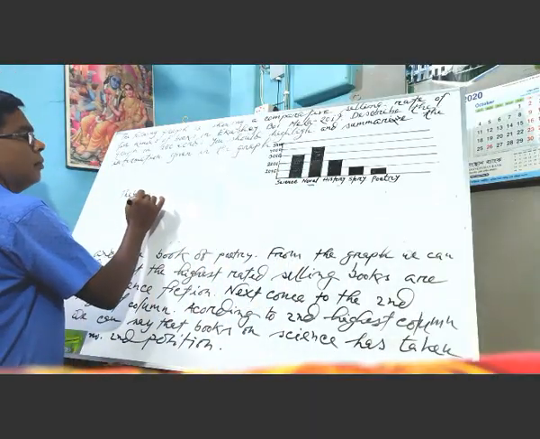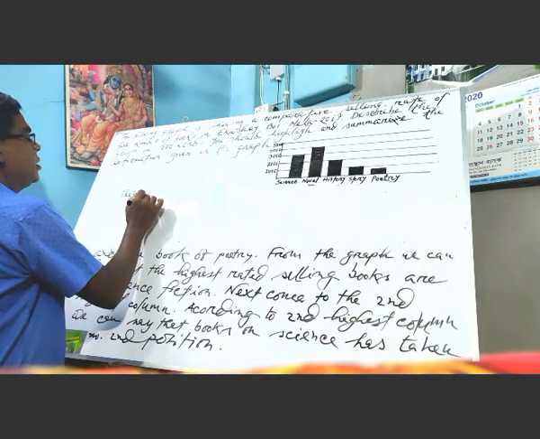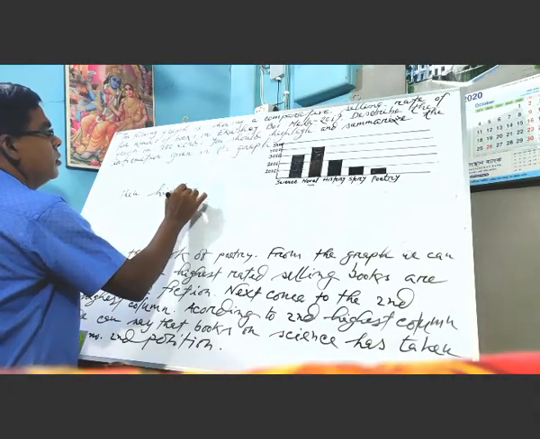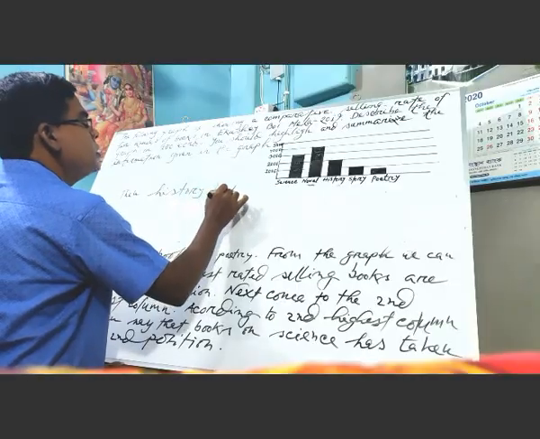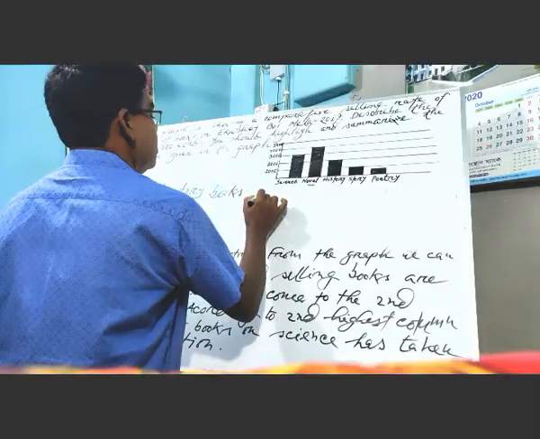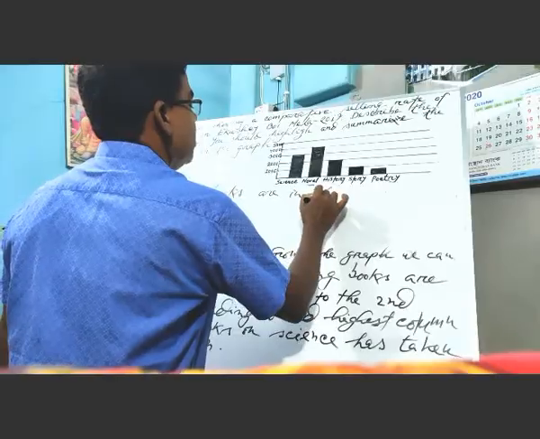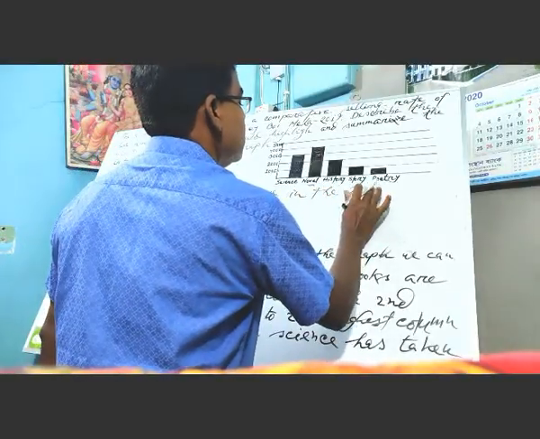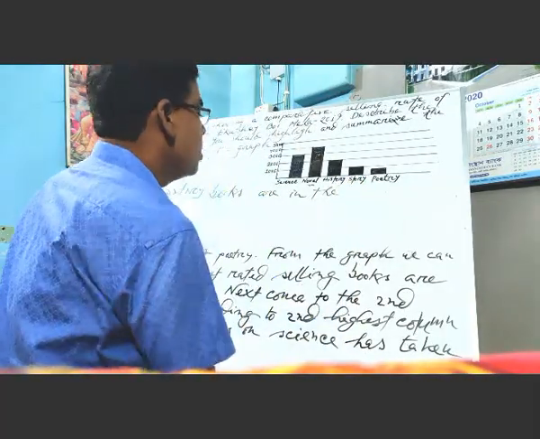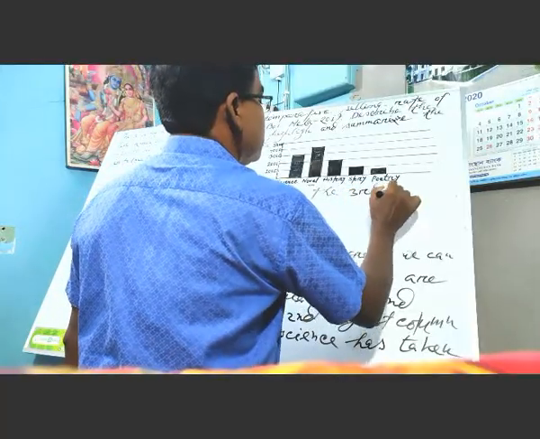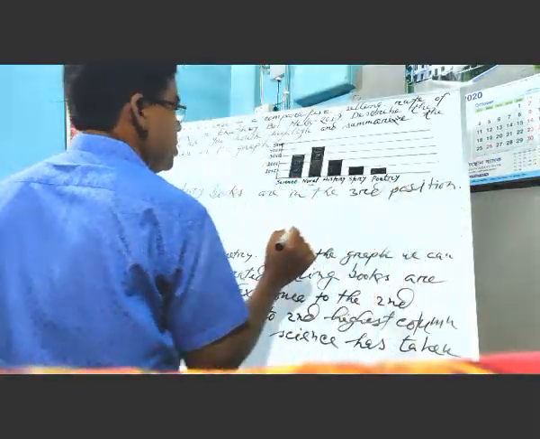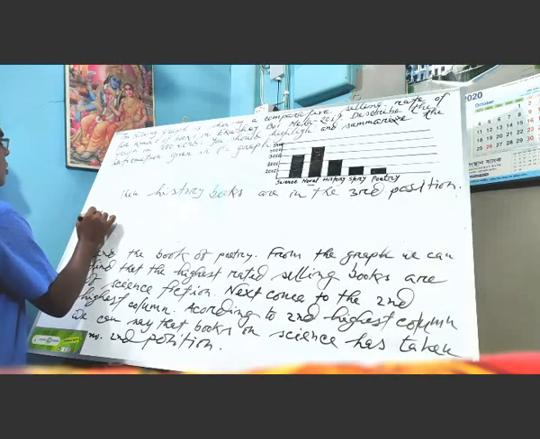Then history books are in the third position in the Boimela.